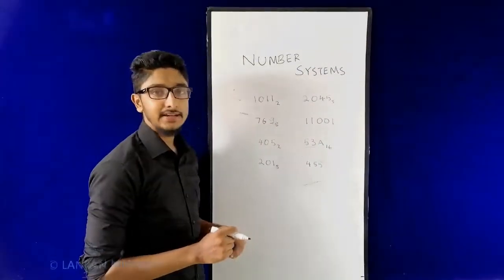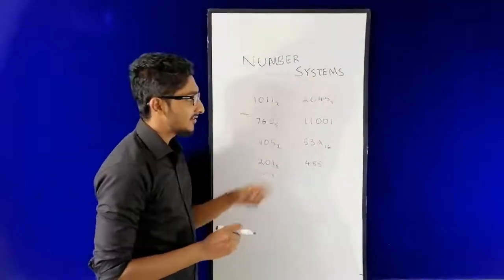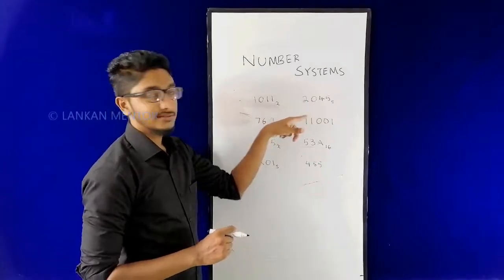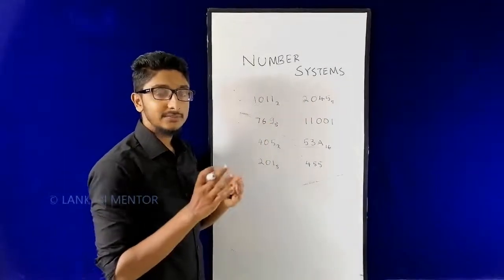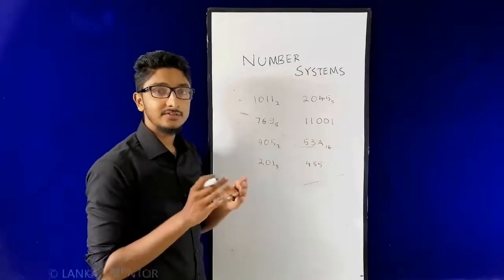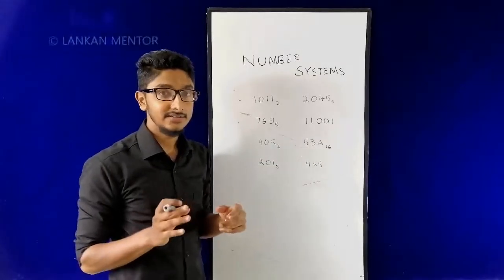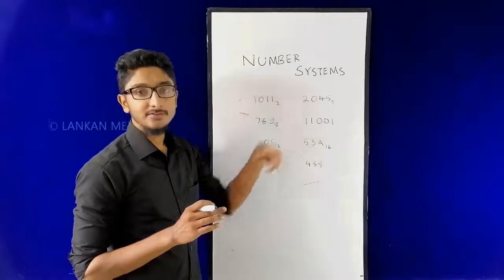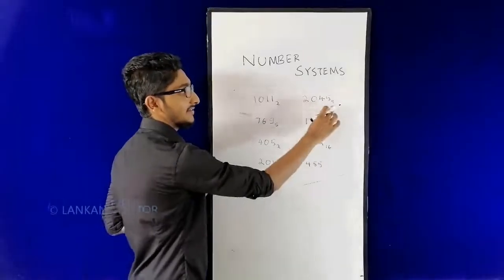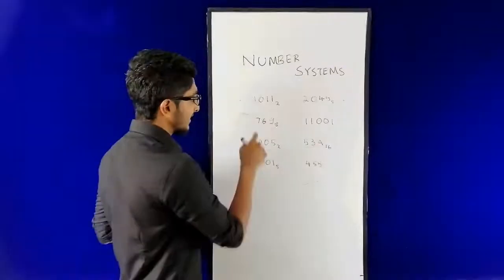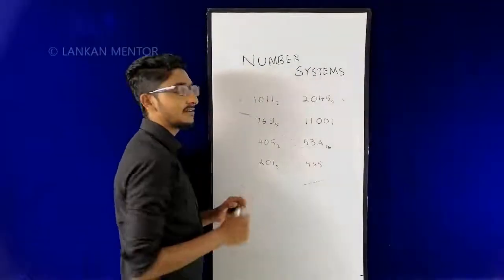2045 base 8. Is that number correct? Base 8, 2045. So maximum it can come up to 7. 0, 1, 2, 3, 4, 5, 6, 7 numbers are there in base 8. So this is also possible, right? So base 8, this is an octal number. That is also okay. 769 base 8.